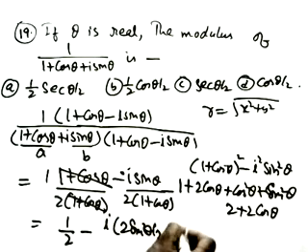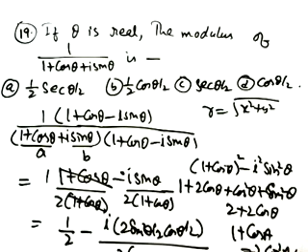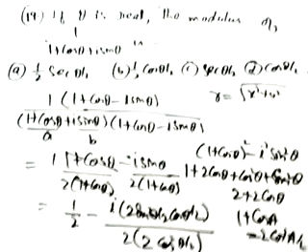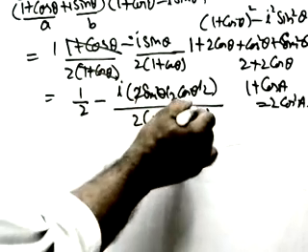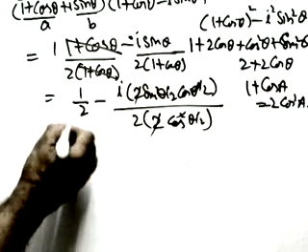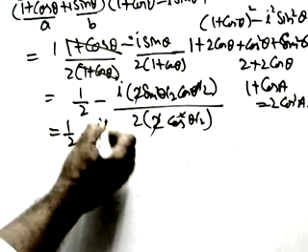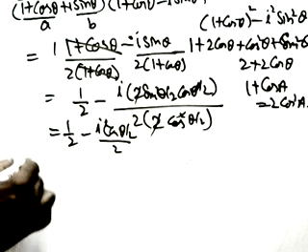We can write 2 sine theta by 2 cos theta by 2, divided by 2 into (1 plus cos theta). 1 plus cos A is 2 cos squared A by 2, so this will be 2 cos squared theta by 2. This 2 will get cancelled, and cos square gets cancelled. Sine by cos is tan theta by 2, over 2. So this is 1 by 2 minus i tan(theta by 2) by 2.